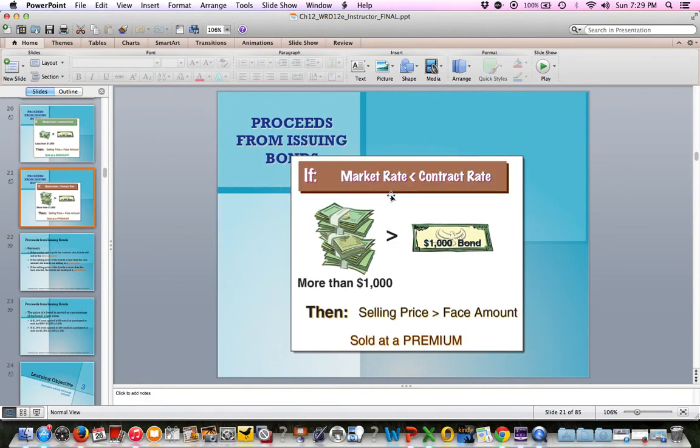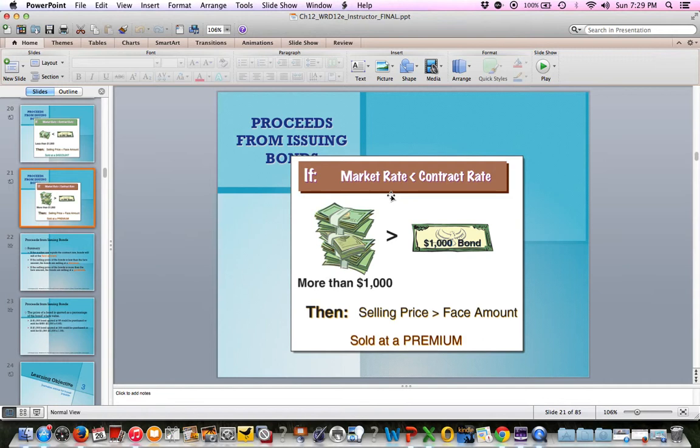Let's say the market rate is less than the contract rate. The contract rate is 10%, but the market is 9%. So our bond looks really good, right? Because the market says you get 9%, but our bond says we'll pay you 10%. Investors will want our bond, and therefore they will pay more than $1,000 to acquire it. They'll buy that bond at a premium.